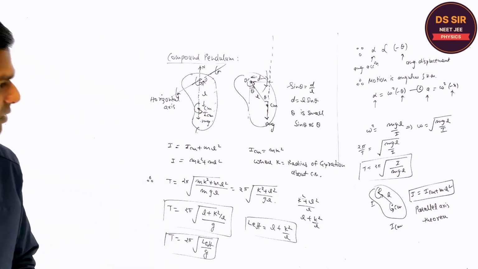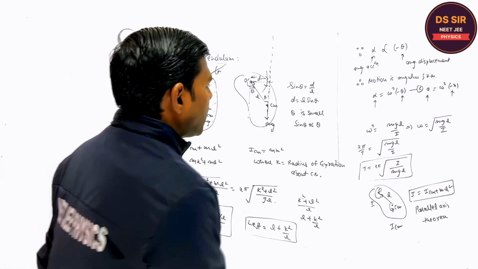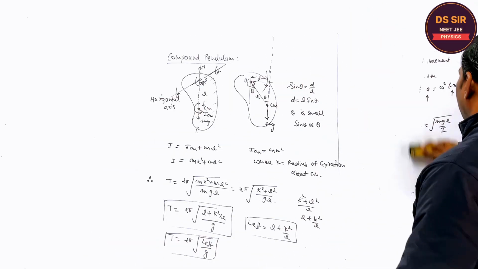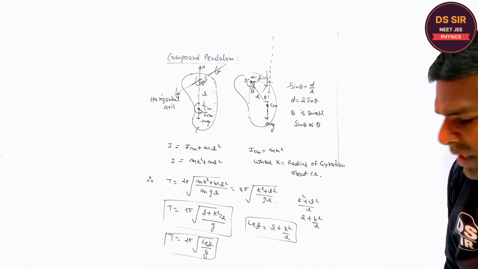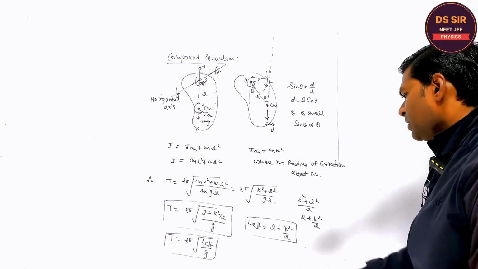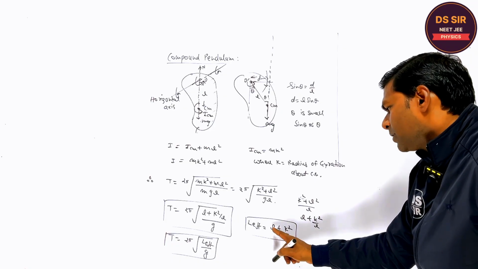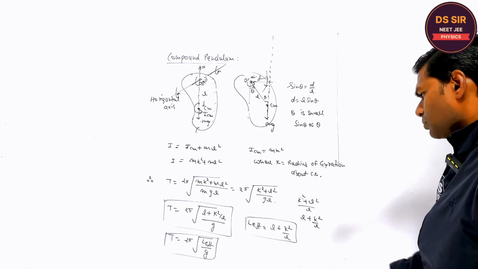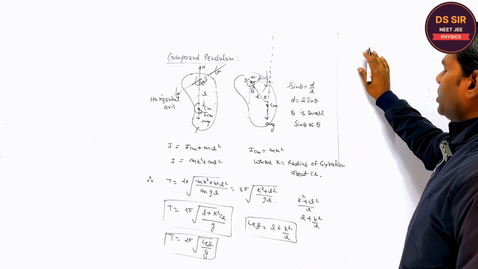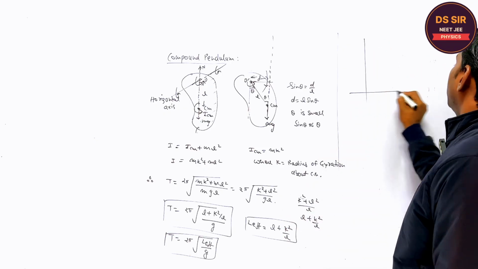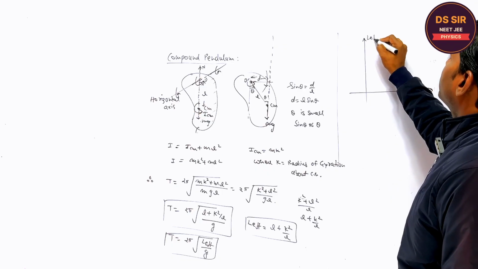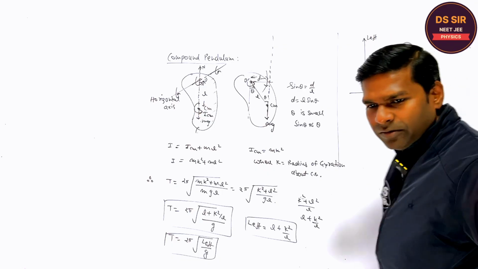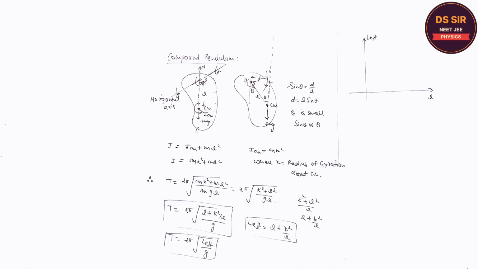Copy this. So if you make the graph between the L effective and the length L, this is the L effective and it depends upon the L. Wait for one minute.